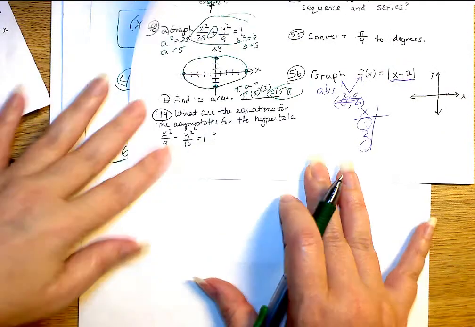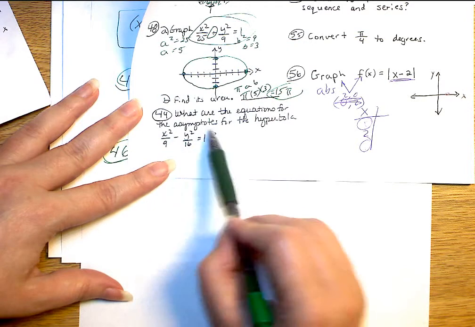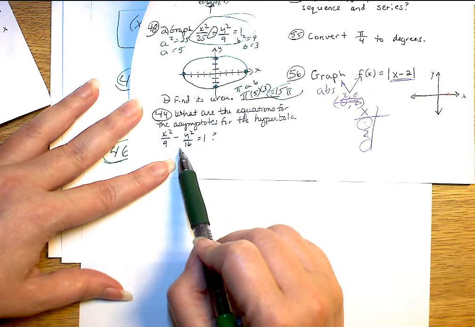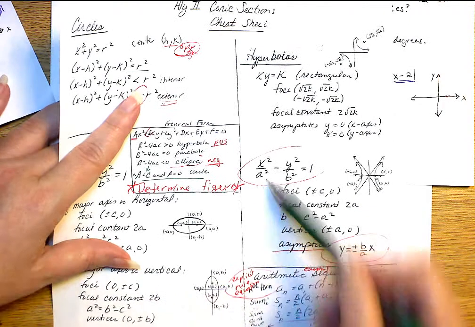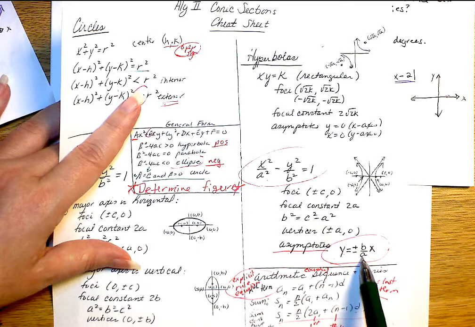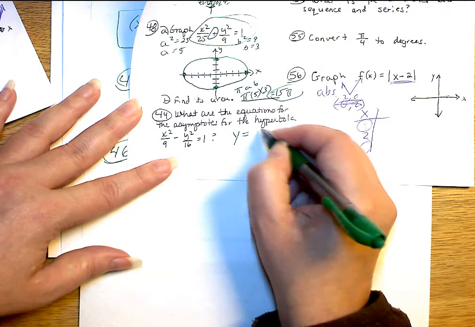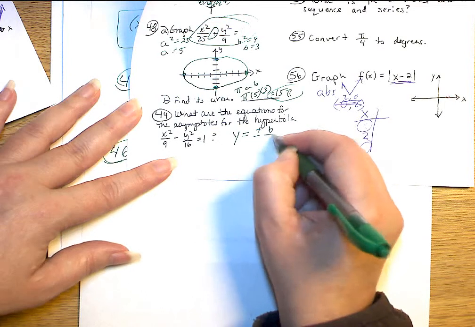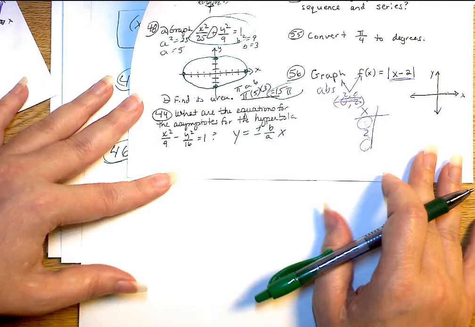It says, what are the equations for the asymptotes of the hyperbola here? So we're looking at the hyperbola right here. Asymptotes are down there. It says y equals plus or minus b over a x. So I'm going to go y equals plus or minus b over a x. What is A?